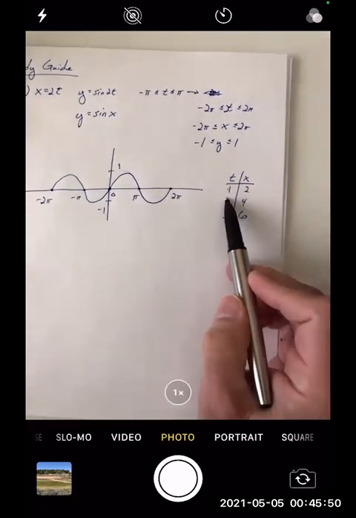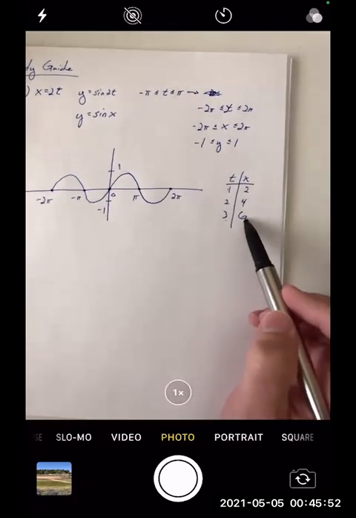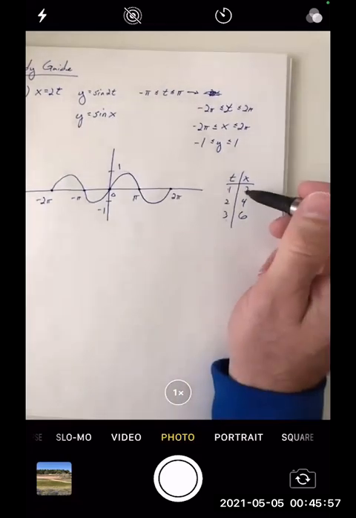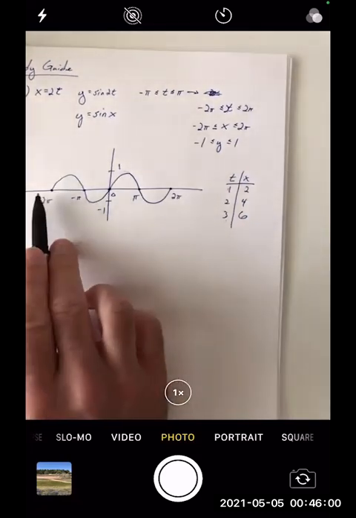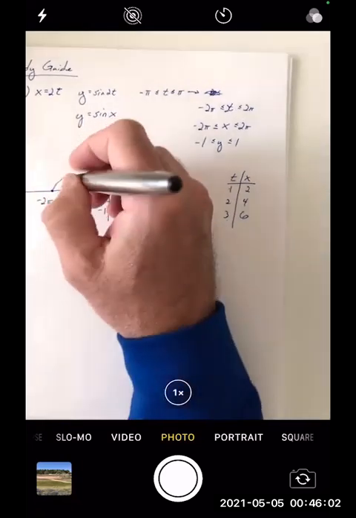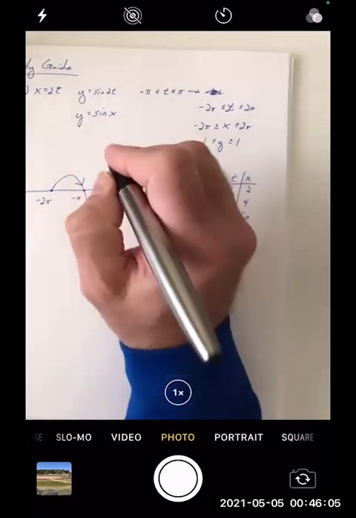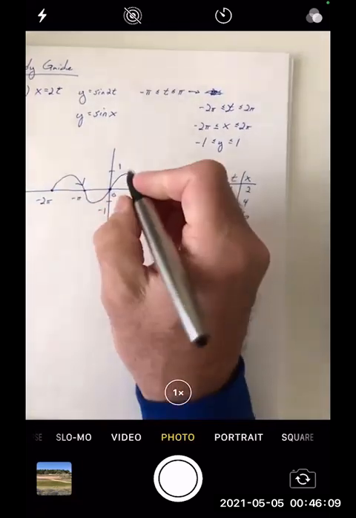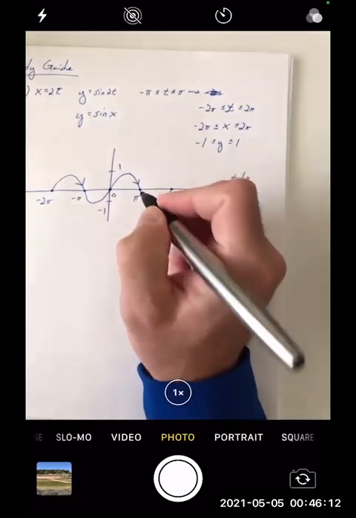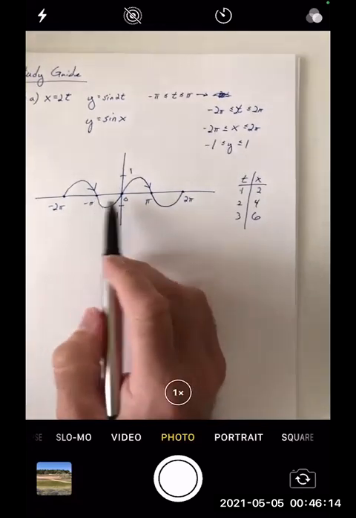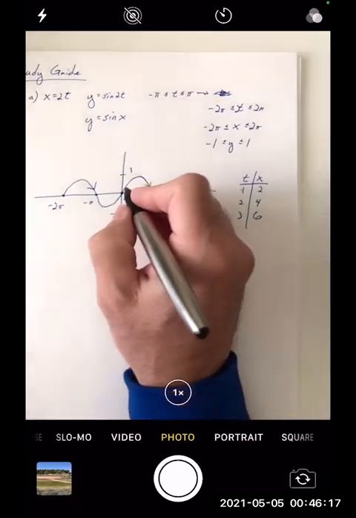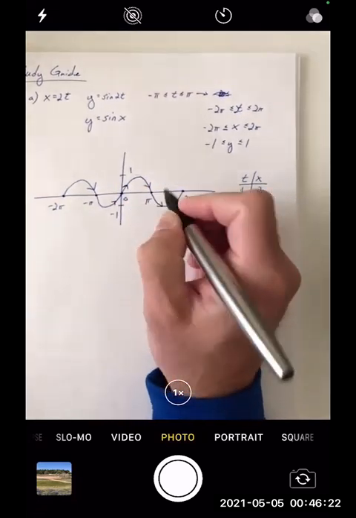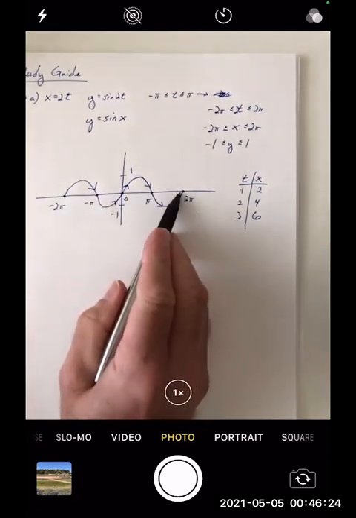So as t is getting larger and larger, what's happening with x? It's getting larger and larger. If x is getting bigger and bigger, that means everything's headed off to the right. So put arrows in there so that if you were walking along this curve, you'd go off to the right. Stick at least 2 arrows in there; you can stick more in if you want, just not on the end points.